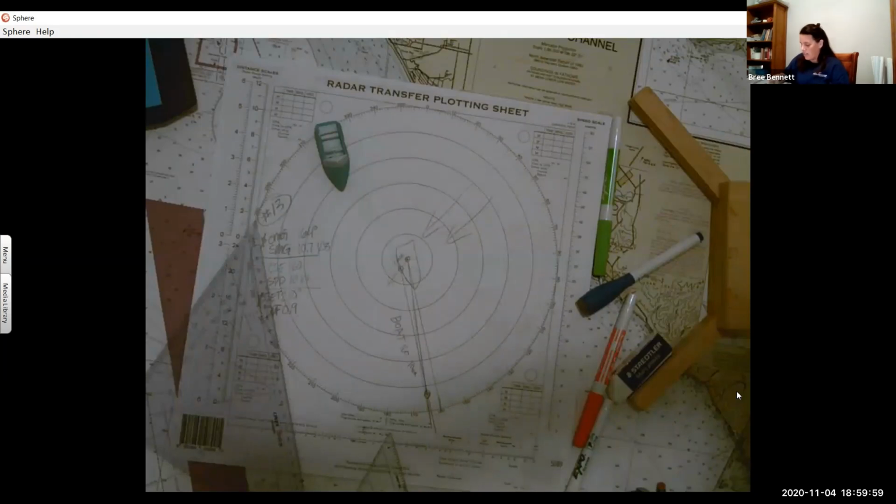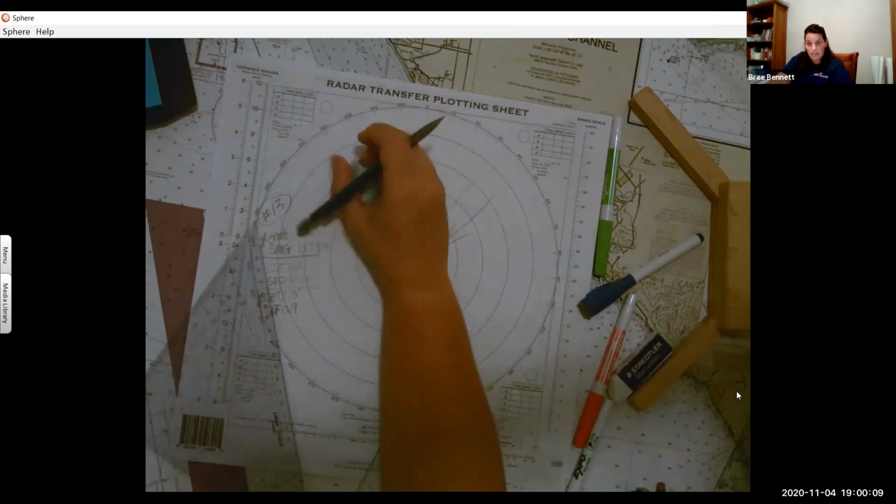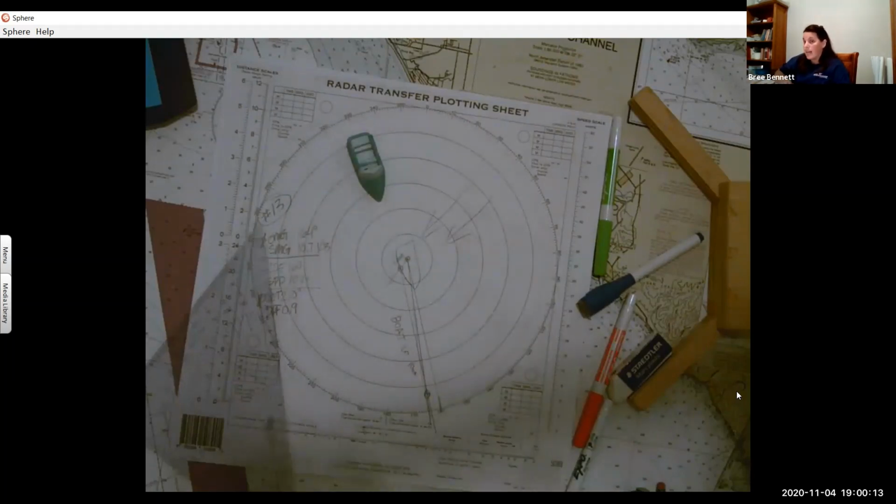Yes, and that is also a great way to do it on the chart. You definitely have to do that common sense check to make sure you're not compensating the opposite way. But yes, that way works as well. We're just creating this triangle of having all these vectors affect one another.